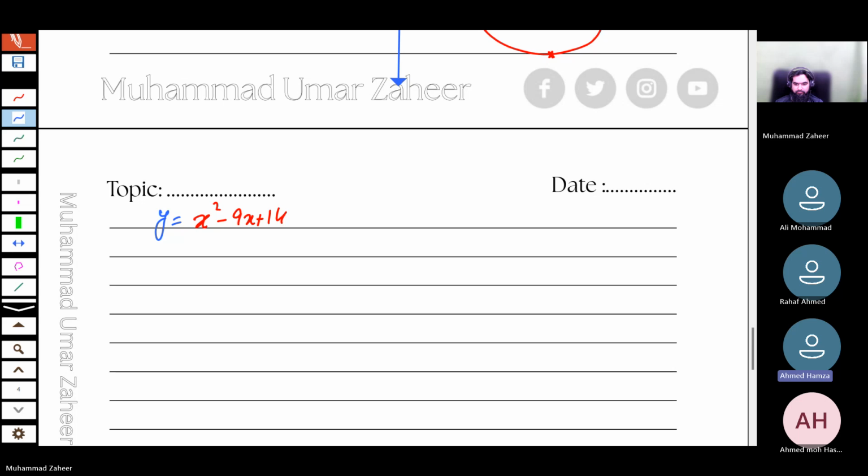Divide the coefficient of x by 2. We have to do the completing square. So we get x minus 9 over 2, which is 4.5, whole square. We will get x minus 4.5 whole square.